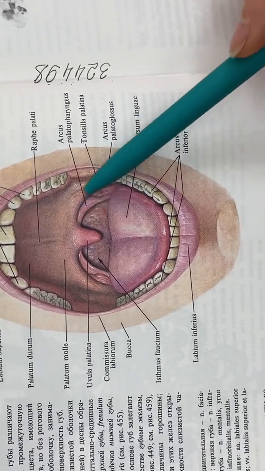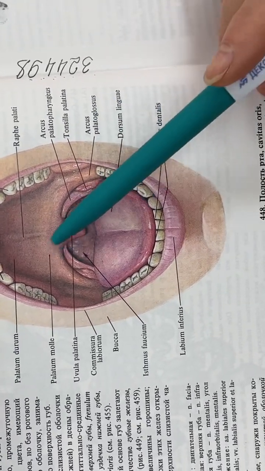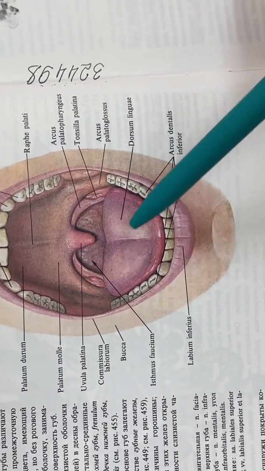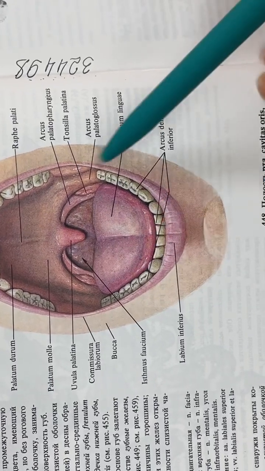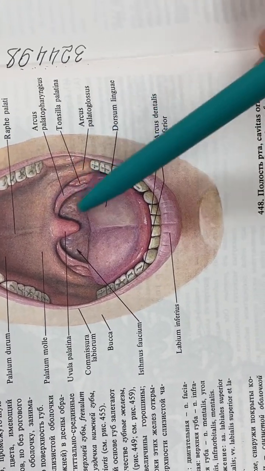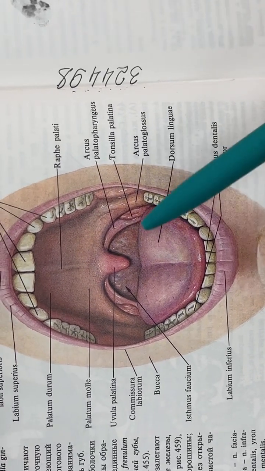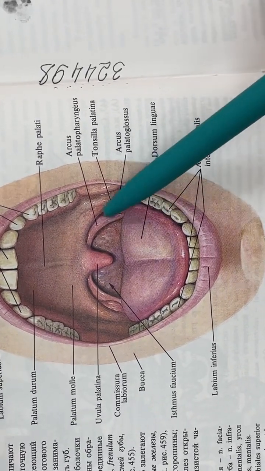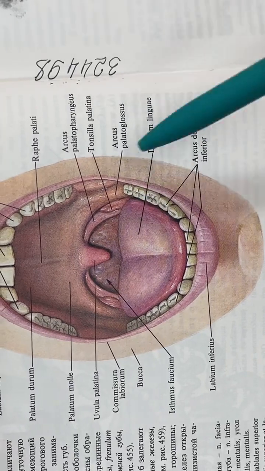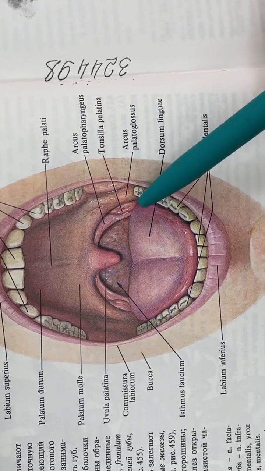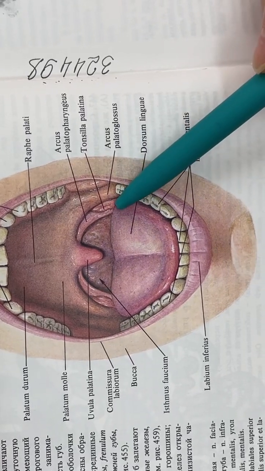How do we call these folds? One runs from the palate to the sides of the tongue, so therefore it is called palatoglossal, and the other one runs from the palate to the wall of the pharynx, so therefore it is called palatopharyngeal. And between them we have fossa, tonsillar sinus or tonsillar fossa, where we have the tonsil, palatine tonsil.